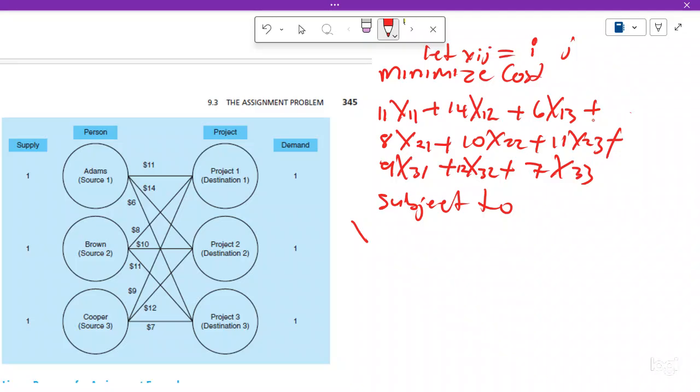So now remember, you cannot go overboard by providing more resources.